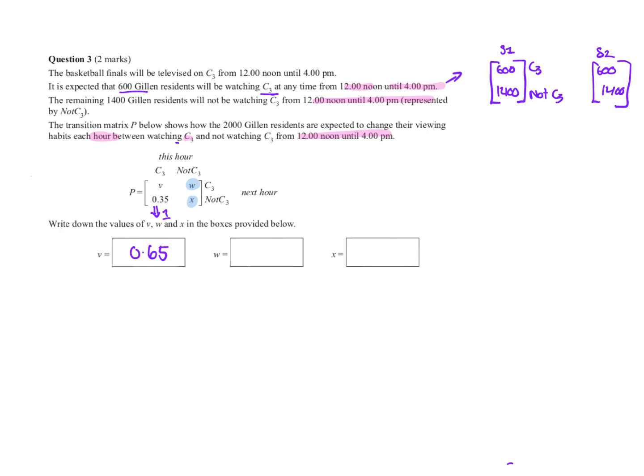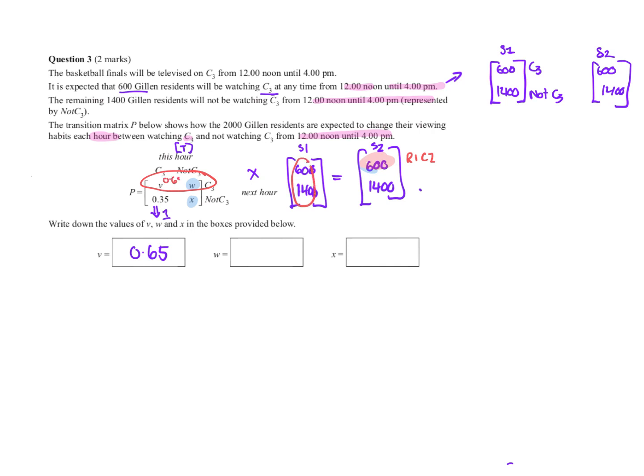But we know if we do the transition and we times it by, say, the S1, which was 600 and 1400, we get the same answer, 600 and 1400. So what you can do is manual multiplication and set up an equation. If we were trying to find this answer here, this is row 1, column 1. It means we would have used row 1, column 1 to find the answer.